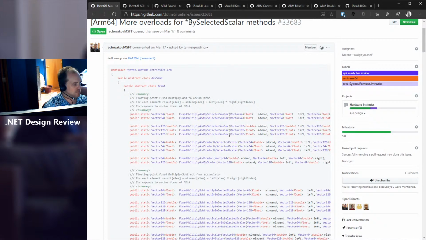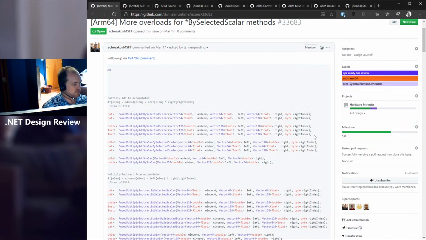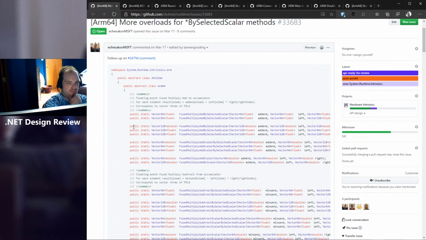In that very first group under the comments, the entire group. There's this guy, vector here? One, no, the one right below it. The fused multiply by add select scalar that returns a double there.